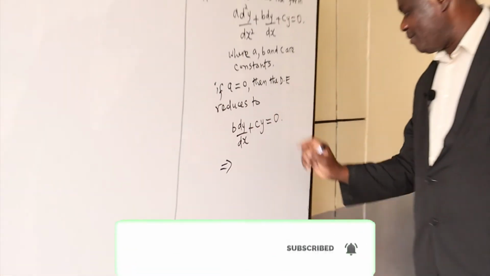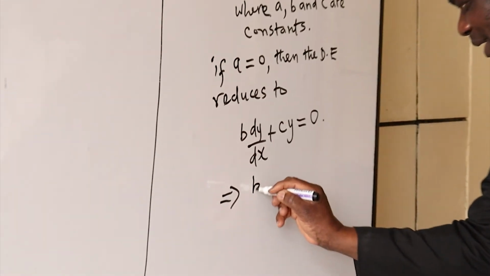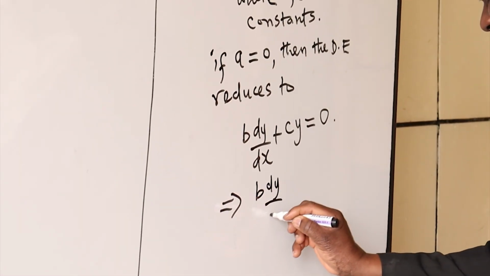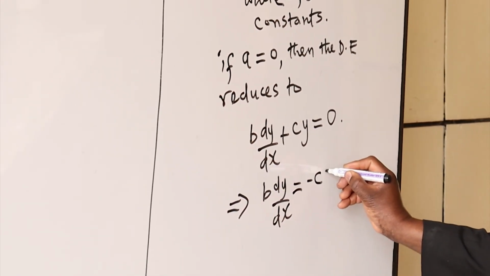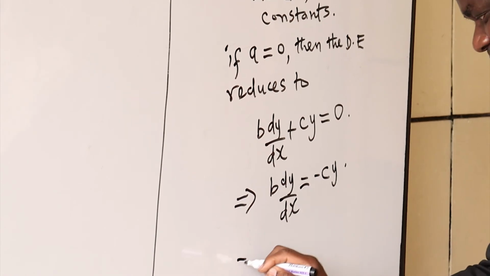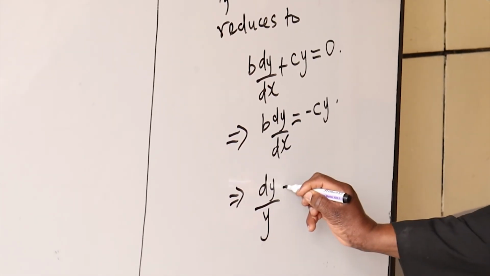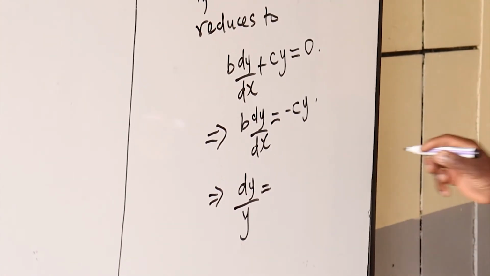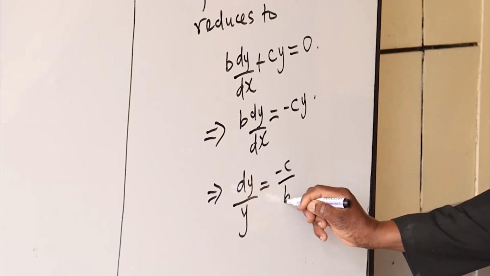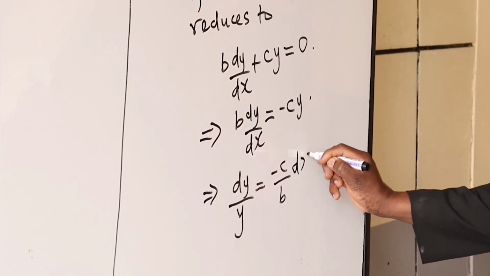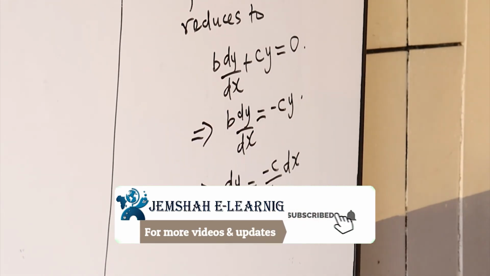If we are to solve this, this will give us B dy dx is equal to minus Cy, which implies dy all over y will be equal to minus C all over B multiplying dx here. We have separated the variables.